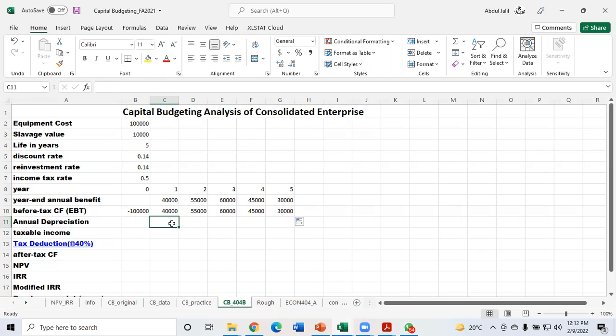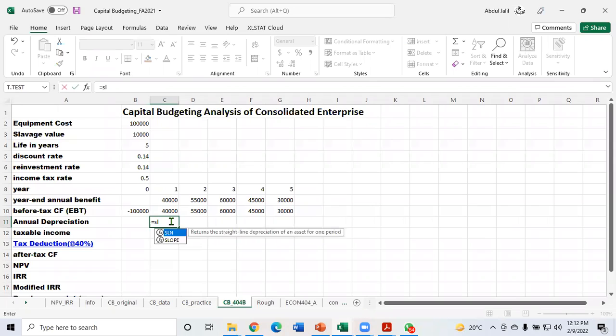Straight line depreciation has been mentioned. So the method is SLN. This is already available. It returns the straight line depreciation of an asset for one period, right? So every period you have to find out this depreciation.